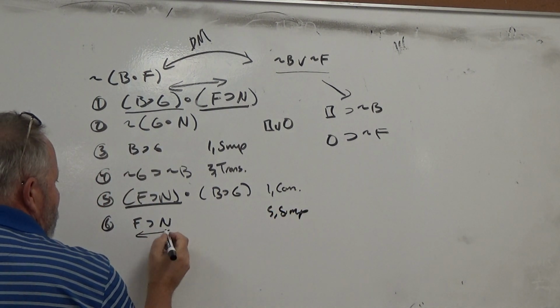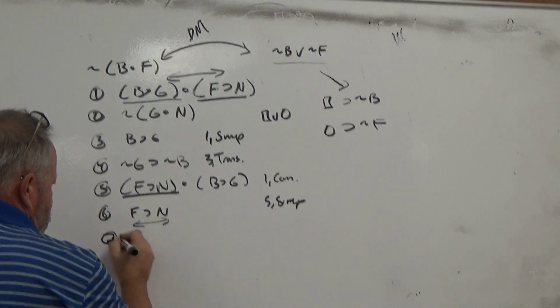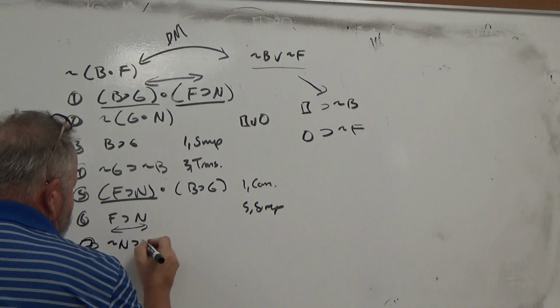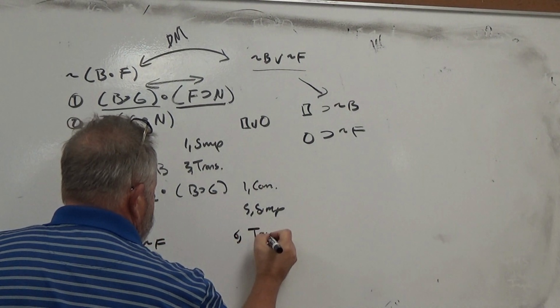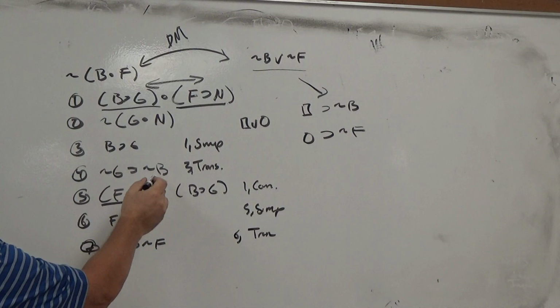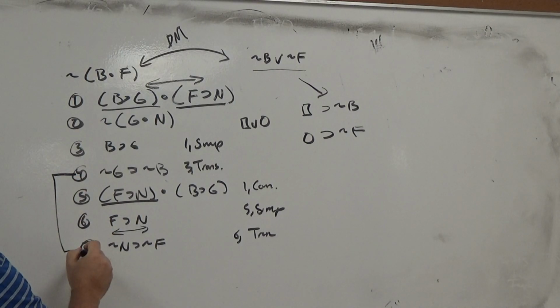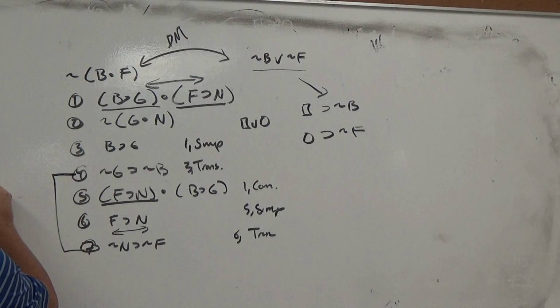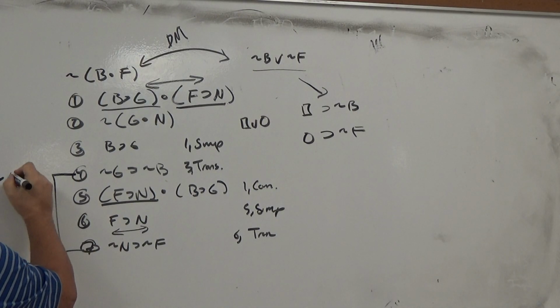Now I can do the transposition. I get not N, then not F from 6 by transposition. Okay. So I have a blank, then not B, and I have a blank, then not F. I have these two parts, so what I need is a disjunction, not G or not N.